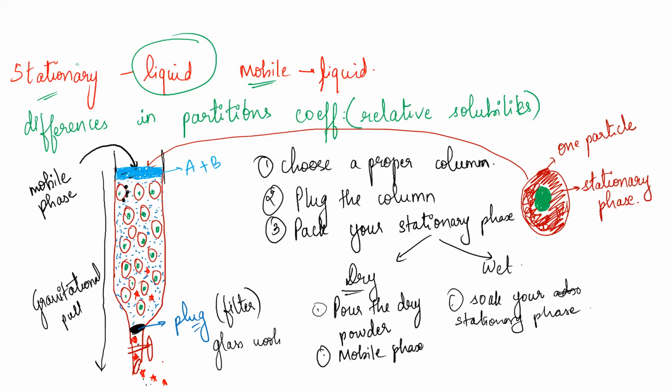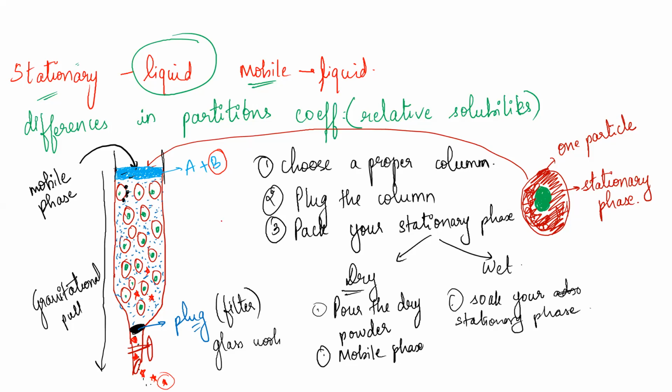Okay, and then you may be able to collect it. So suppose I know that my analyte B is more soluble in the mobile phase, and I can separate it in this way, an indirect separation. I will add A plus B to it. A will remain in the stationary phase and B will come out. So now I have received a pure sample. Okay, I have received my pure analyte, and the one which is retained on the stationary phase is of no use to me, so I'll not bother about it.